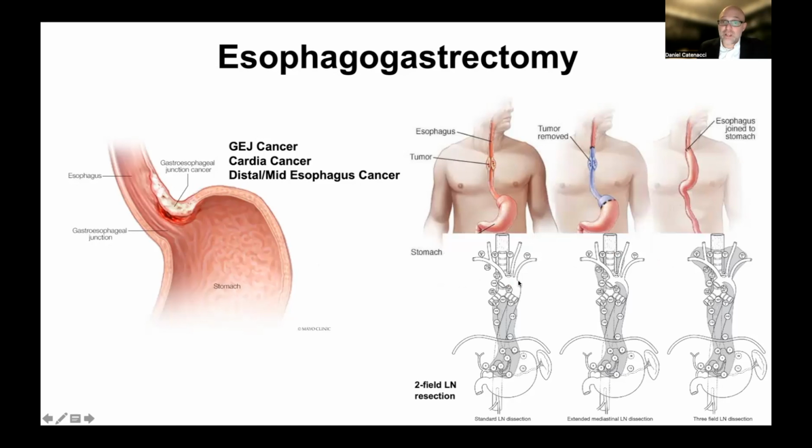Again, regional lymph nodes would be removed with such a surgery, and this would be referred to as a two-field lymph node resection. So again, adequate node removal is helping to adequately stage patients, but also is treating, because it would be removing cancer that had spread to regional lymph nodes.